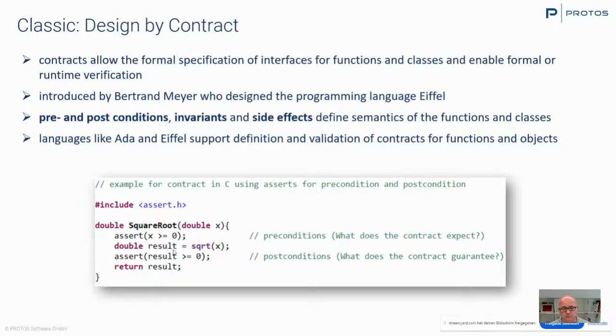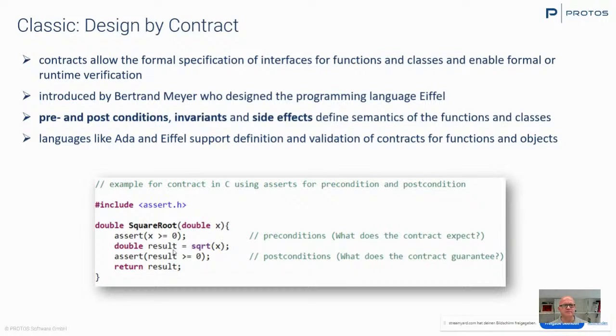And regarding side effects, if I do not allow side effects, I must not change variables outside the local function, for example. This can be done by using the const keyword in C, but it's only a start, little elements you might do in C, but there's no real integration for formal description of contracts in C. Just to give an example.